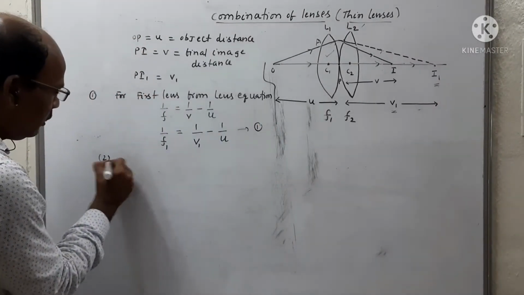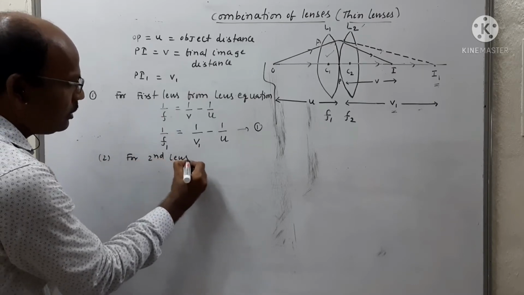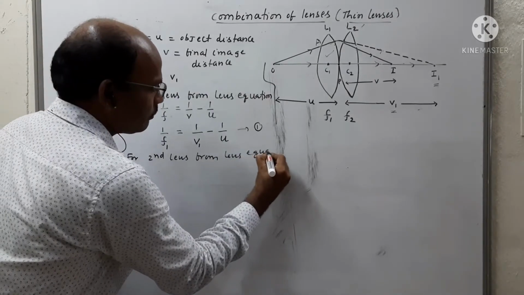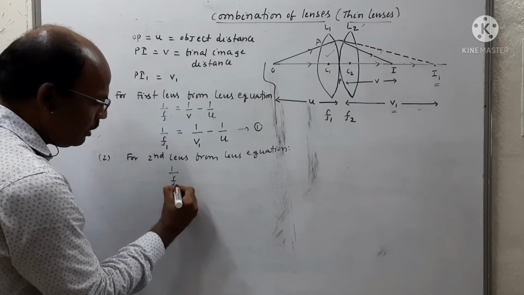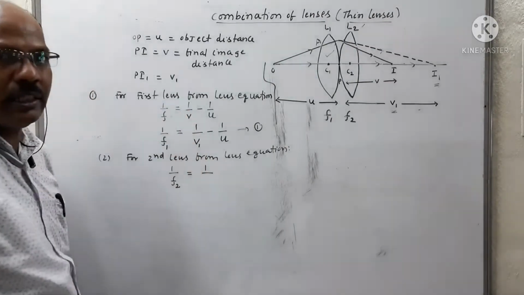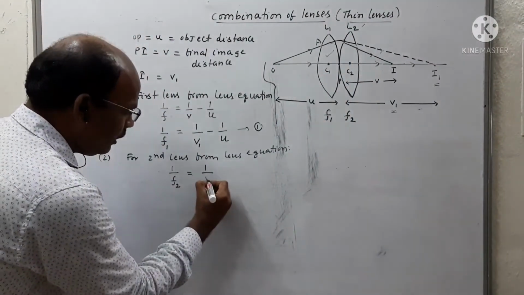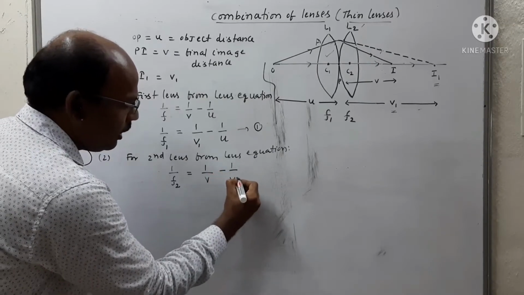Coming to the second lens, again from the lens equation, we can write 1 by F2 is equal to 1 by V minus 1 by V1.